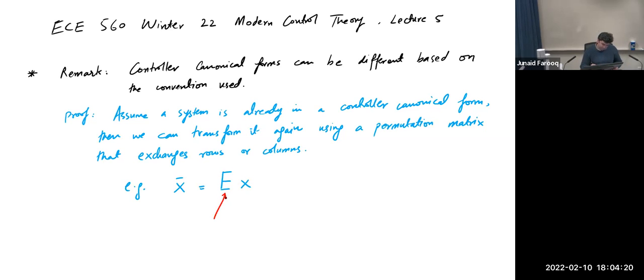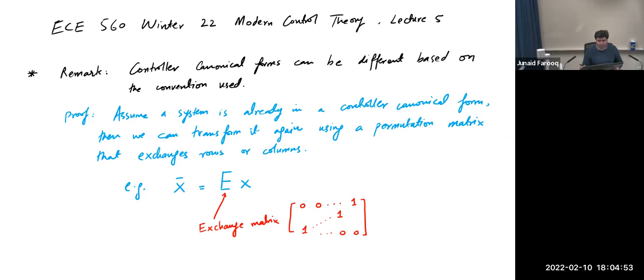When I say exchange matrix, I really mean that it's zeros everywhere, with ones along the anti-diagonal.